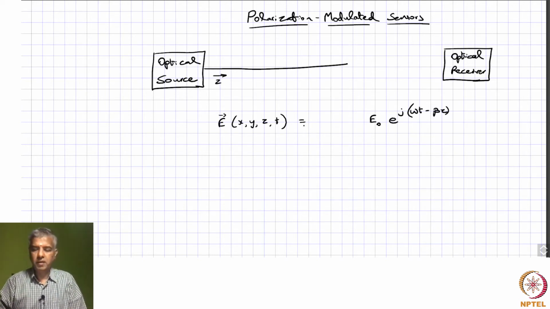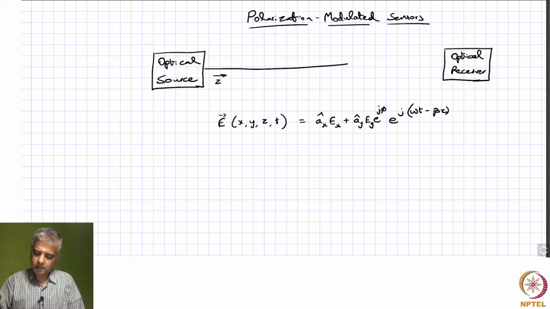So in general, instead of just having some common amplitude, you can talk about the amplitude in the x direction and the y direction. So you can talk about, let's say, ax ex plus ay ey, right?